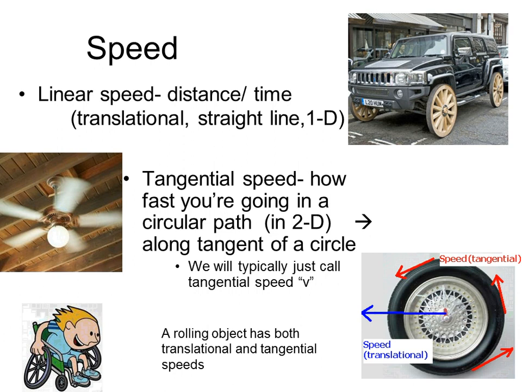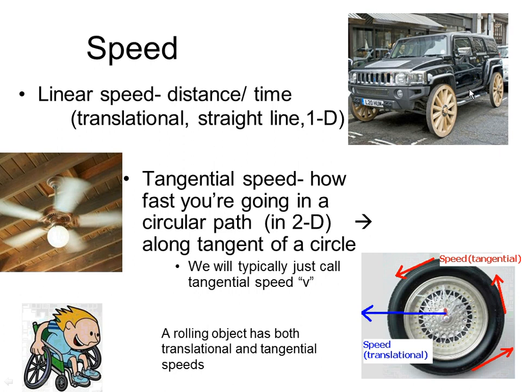He's moving from point A to point B, so that would be translational. Is there also going to be tangential? It depends on what you're referring to. If you're just referring to the dude in the wheelchair, no. If you're referring to the wheels on the wheelchair, yes.